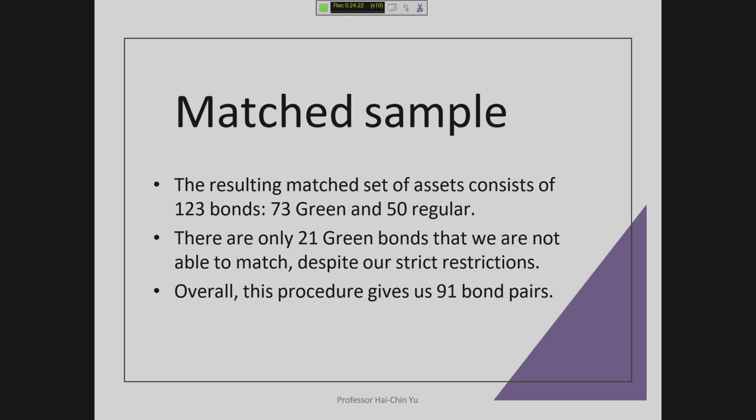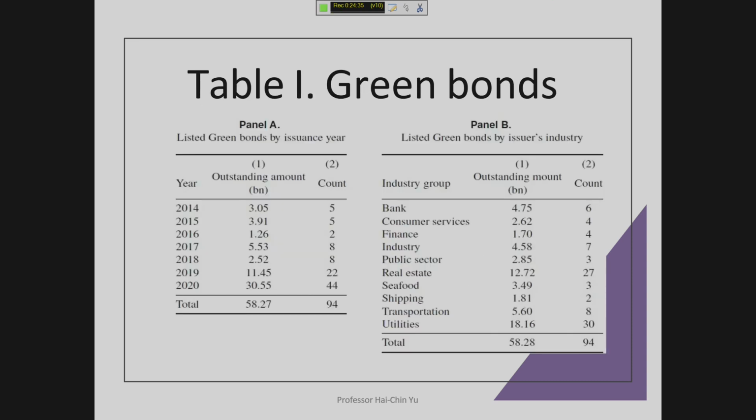Very small sample. So this is one comment that I think the paper can make it broader to assess the other European countries' data. This is a sample, you can see, increasing significantly.